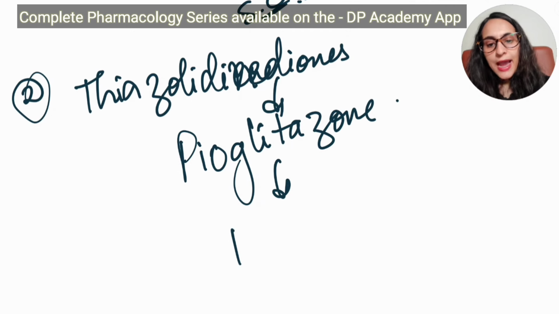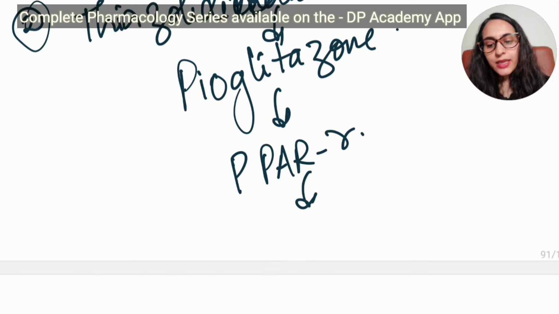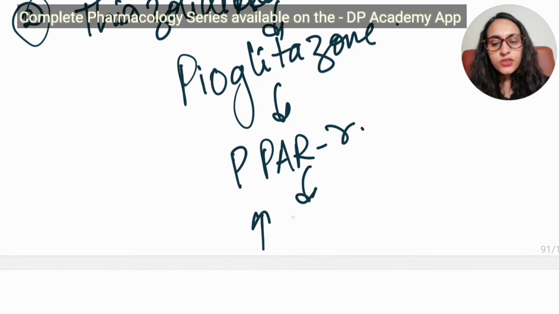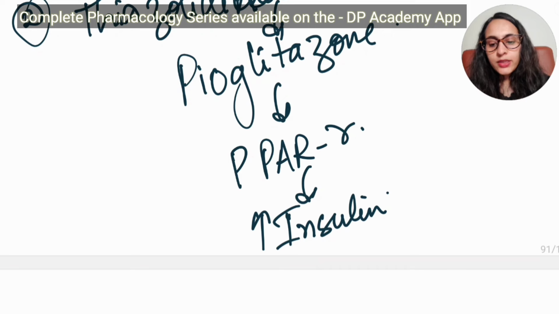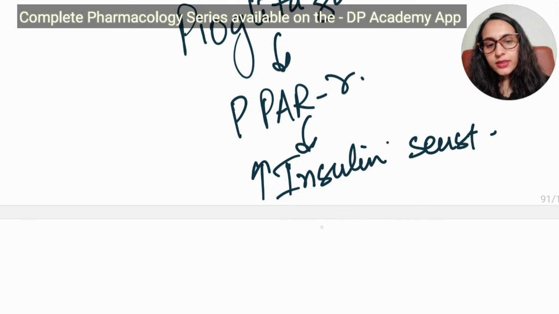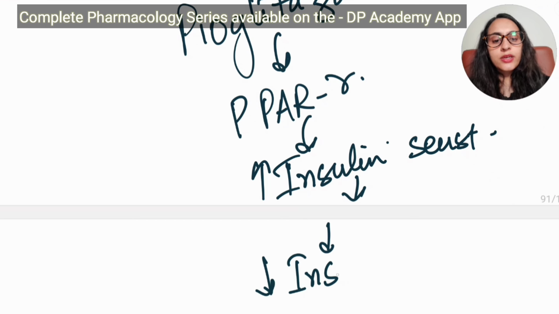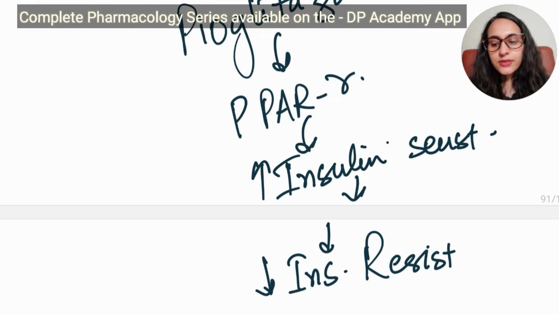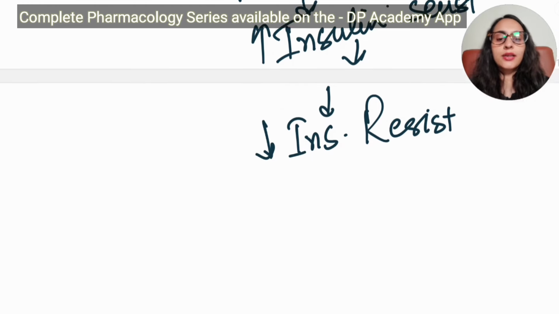Pioglitazone acts on PPAR gamma receptors, and they increase insulin responsive genes in the adipose tissues, and therefore they increase the insulin sensitivity and decrease the resistance to insulin. So by decreasing insulin resistance and increasing sensitivity to insulin, these drugs act.